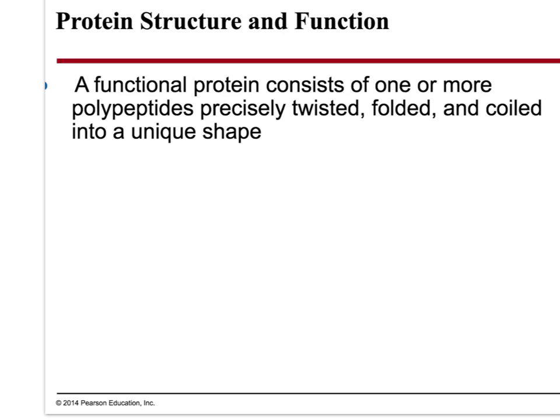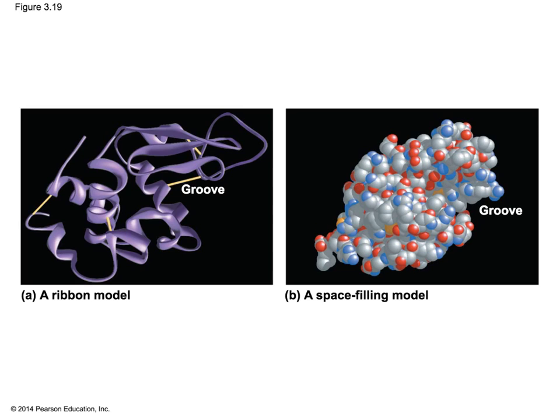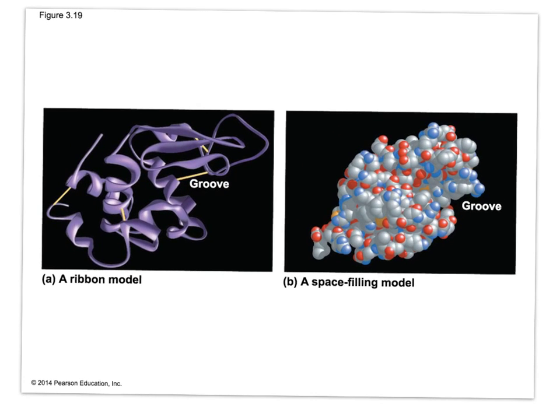Now, a functional protein consists of one or more polypeptides, twisted, folded, and coiled into a unique shape, and that shape is directly important for its function. So here's what some proteins look like when they're functional.